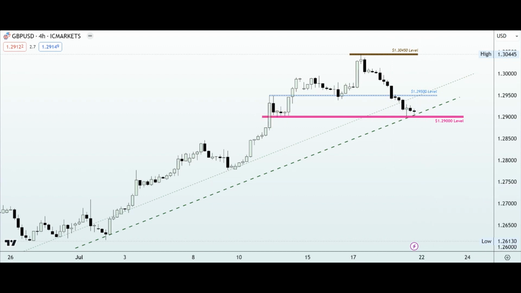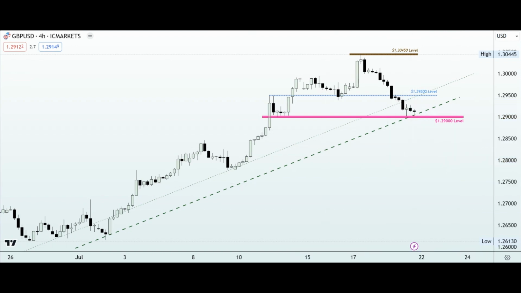Now, going into next week, we want to see how market is going to react to this area. How we're going to see a form of reversal setup, maybe like a double bottom structure around this area, where the breakout of the neckline will be all we need to continue the uptrend situation, or how we're going to see price break down both the ascending trend line and that key level at the 1.292 inside a sell-off.